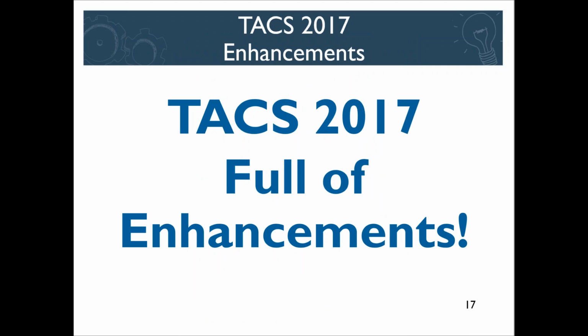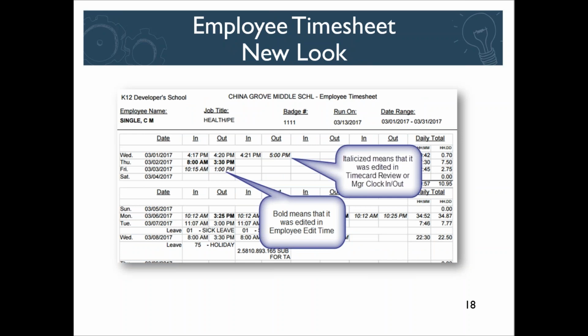And for those who have been on TACS for a while, TACS 2017 is full of enhancements. I think this is probably the biggest release of enhancements that we've had in a really long time. One of the things that we've done is that we've overhauled the timesheets.